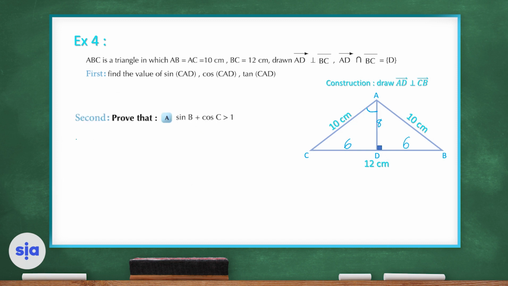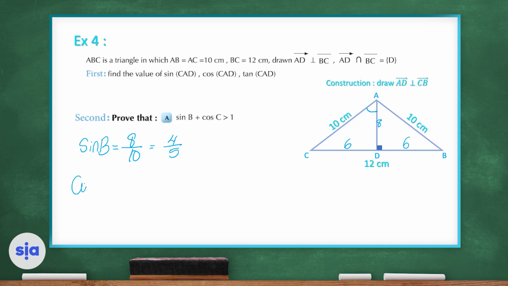The second part of the question, it says, prove that sine B plus cosine C is greater than 1. Let's now find sine B. Sine B is equal to opposite over hypotenuse, which is 4 over 5.